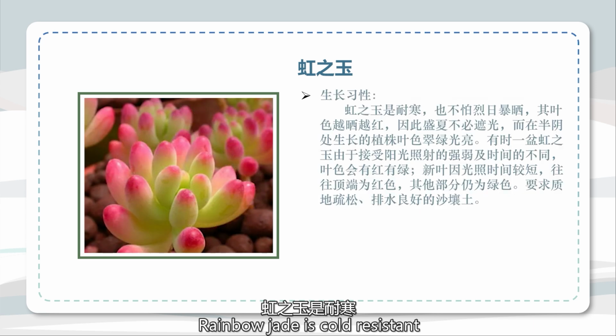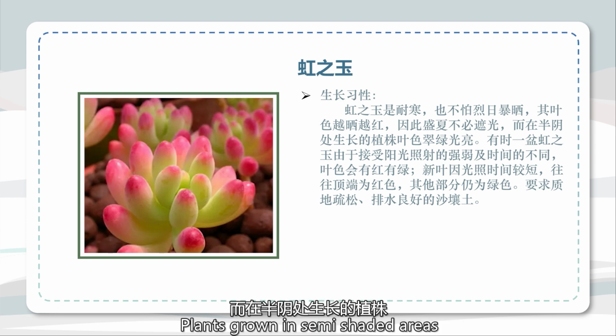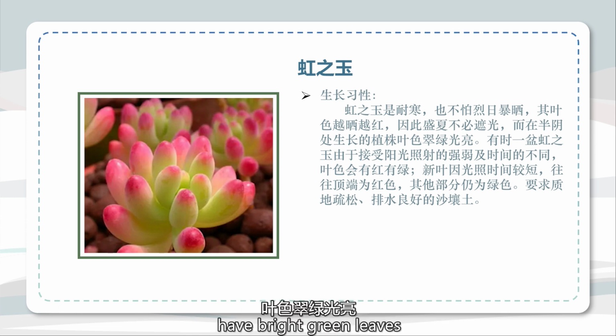Rainbow jade is cold-resistant and not afraid of direct sunlight. Its leaves become redder as they are exposed to sunlight, so there is no need to block light in summer. Plants grown in semi-shaded areas have bright green leaves.